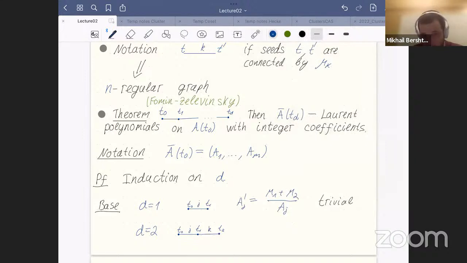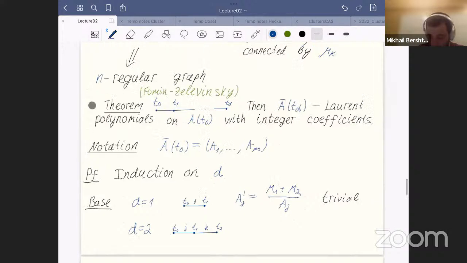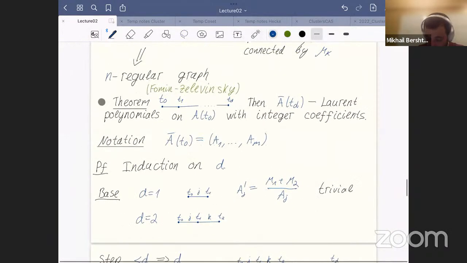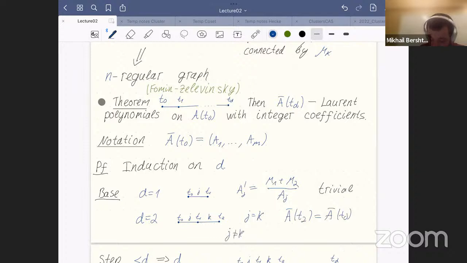We will also need the base d equal to 2. So we have two mutations: first, say, in vertex j, and second in vertex k. If j is equal to k, then we just return to the initial case, and the variables of t2 are equal to the variables of t0. If j is not equal to k, then we get two new variables.